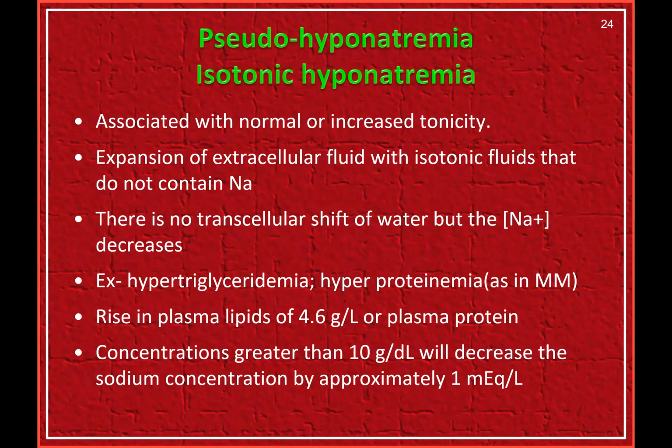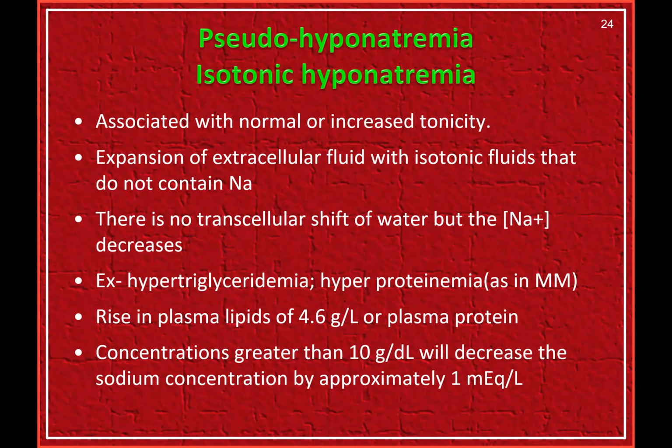For example, hypertriglyceridemia can produce pseudo-hyponatremia, because these triglycerides increase the volume inside the vessel, and thereby there is a dilution, there is a hyponatremia which is pseudo. Likewise, hyperproteinemia, as in the case of multiple myeloma, can also produce it. A raise in the plasma lipids, or plasma protein increase as in multiple myeloma, can cause pseudo-hyponatremia.